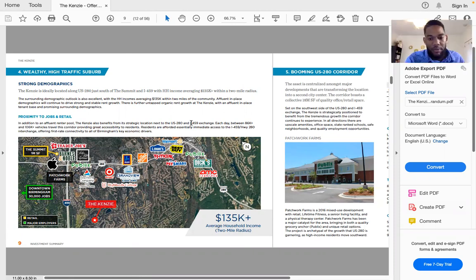For example, I live in the Bay Area, East Bay, where the houses on average are about 1.8, 1.9 million, and the average household income in my city is about 180, 190, and that's one of the expensive areas. So this 135, I think, sounds very high. Yeah, for Alabama. It's a micro area.